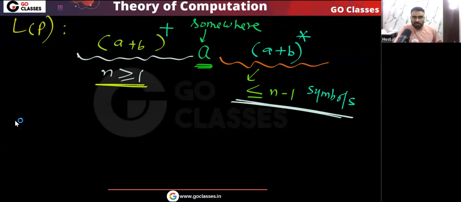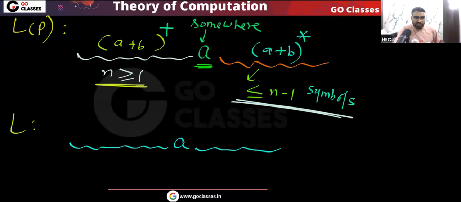In the language, you have this type of string. One more interesting thing is coming: somewhere there is an A such that before this you have more symbols than after this. If you have W1 here and W2 here, then the length of W1 should be strictly greater than the length of W2.